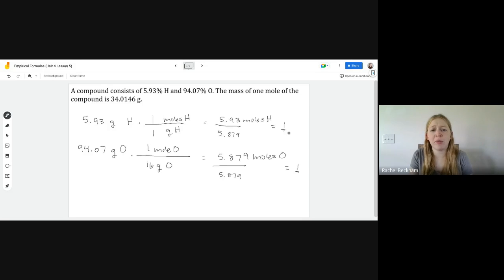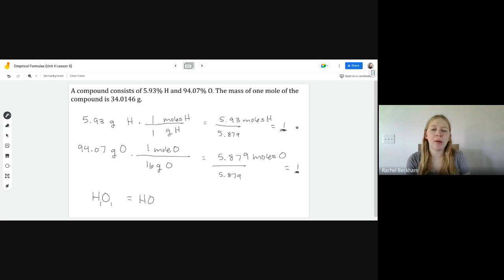So again, this tells us the subscripts. Our formula here must be H and then O. Each of these has a subscript of 1, so our base formula is H1O1, or just HO.